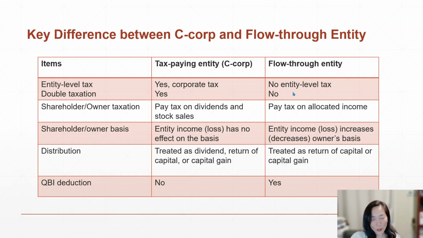Therefore, there's no double taxation, right? So the tax is only assessed at the shareholder level. And the shareholder will pay tax on the allocated income during the year. So even though the income is not distributed, the shareholder or the owner of the flow through entity has to pay tax on the allocated income.